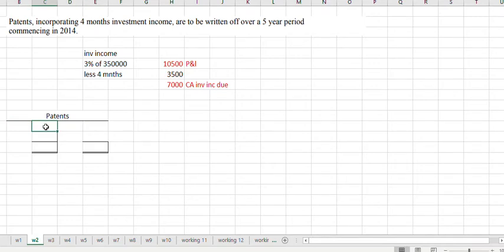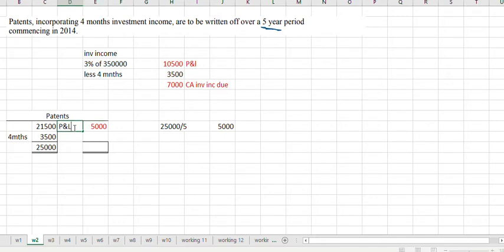Our opening balance on patents from the trial balance is 21,500. We're going to add 4 months on, 3,500, and that adds up to 25,000. We are told patents are written off over a 5-year period. Therefore, 25,000 divided by 5, you should be able to do this in your head, is 5,000 every year patents written off.